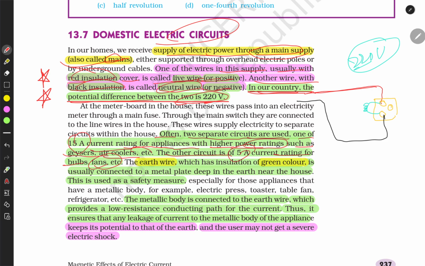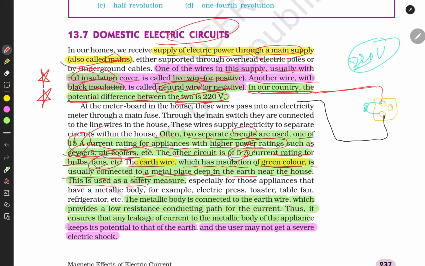So there are two separate circuits, one for higher power consuming electric gadgets, one for low power consuming: 15 ampere for higher, and 5 ampere for lower. There is an earth wire which has insulation of green color, usually connected to a metal plate deep in the earth near the house.